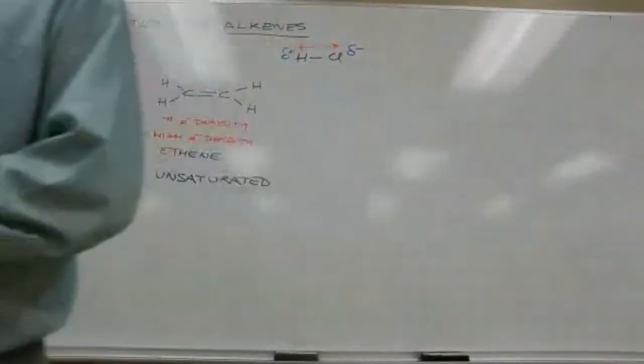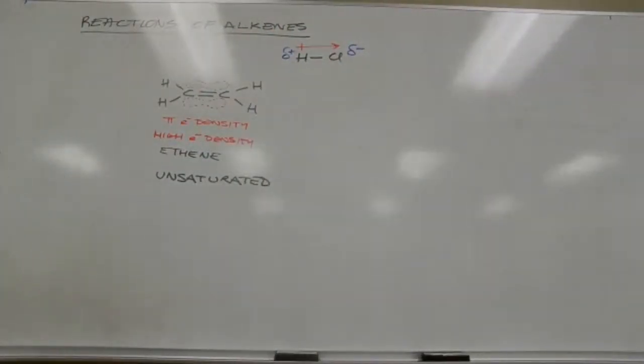Okay. People at home, people in the room, draw your very first curved arrow. I need to see where the arrow starts from, and I need to see where the arrow ends. People at home, you have a blank whiteboard. Go.